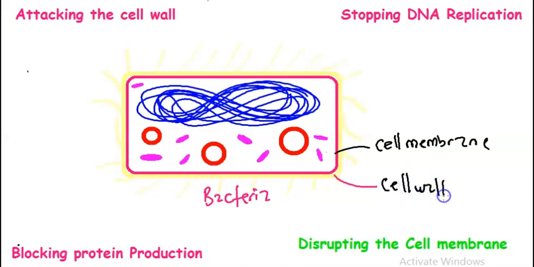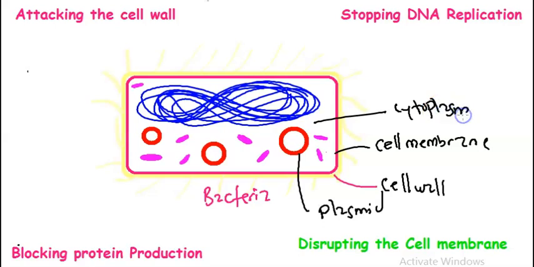And here we have things like the plasmid. From the inside we have the cytoplasm. We have mitochondria, etc. So we take an example with drugs like, we said, penicillin and amoxicillin.